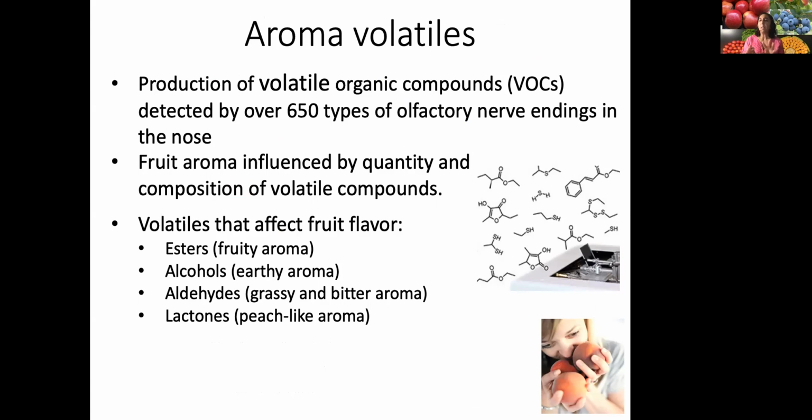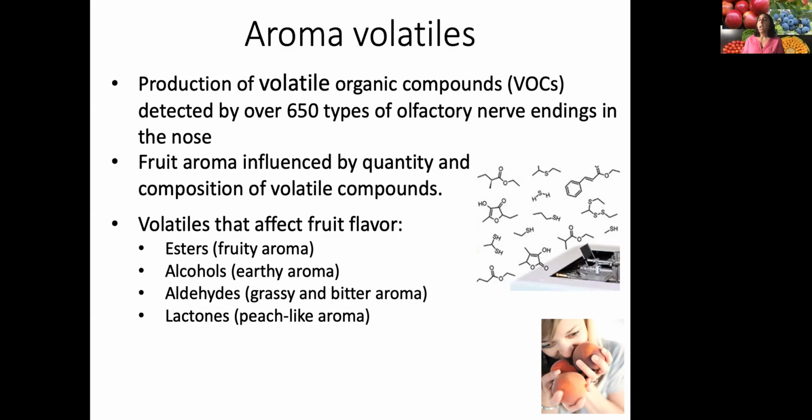We can perceive different volatiles at different intensities, of course. And fruit aroma is going to be influenced by the quantity of these volatiles, but also the composition of these compounds. Okay. So there are some classes of volatiles that directly affect fruit flavor and are widely characterized to be related with a specific aroma kind that we can perceive.